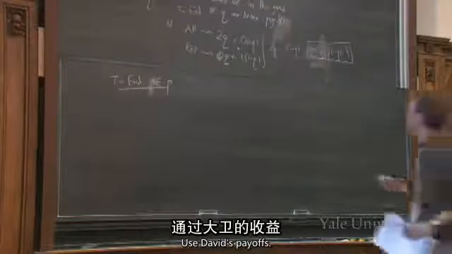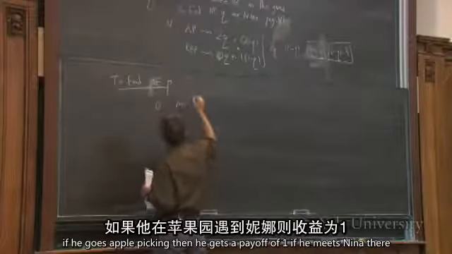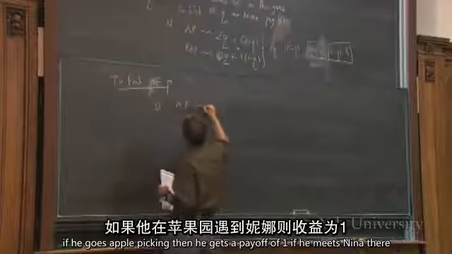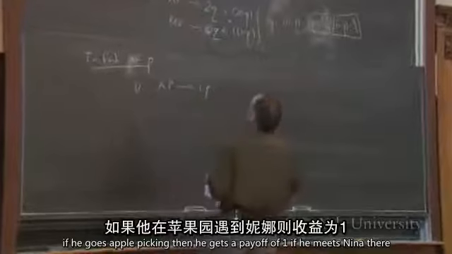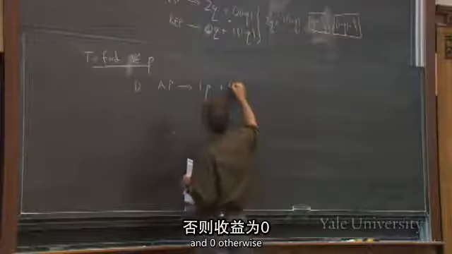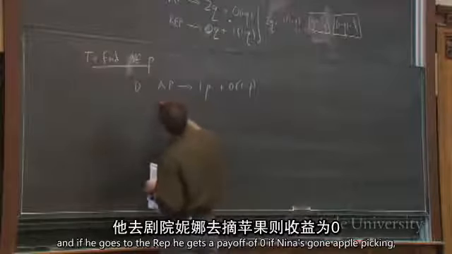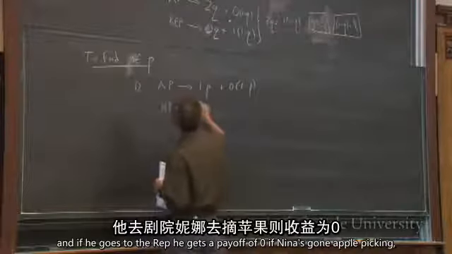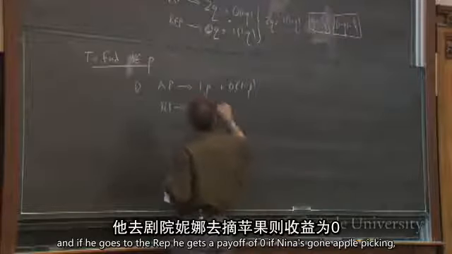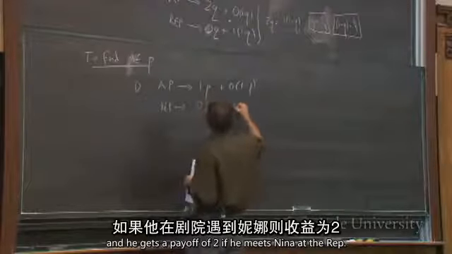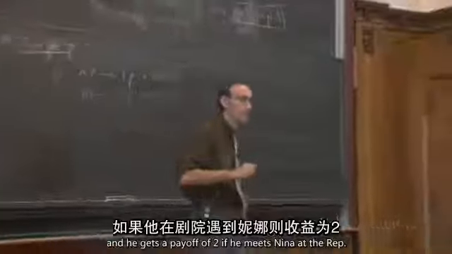Use David's payoffs. So David's payoffs: if he goes apple picking, then he gets a payoff of 1 if he meets Nina there, and 0 otherwise. And if he goes to the rep, he gets a payoff of 0 if Nina's gone apple picking, and he gets a payoff of 2 if he meets Nina at the rep.